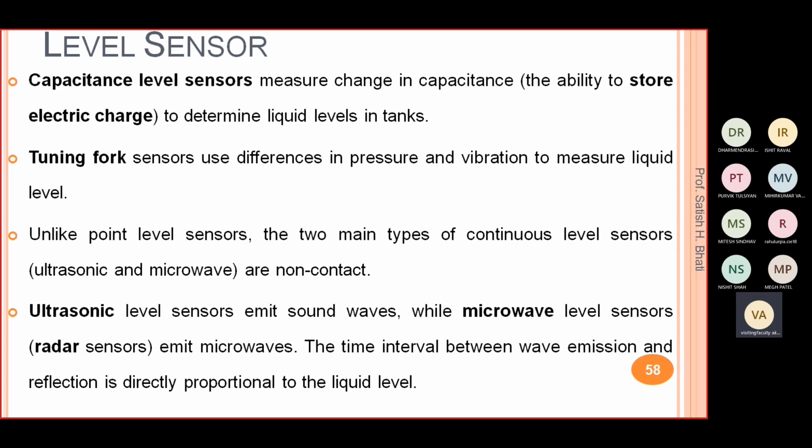So this kind of sensor finds the travelling time, the time interval between the wave emission and the reflection. That time interval is directly proportional to the liquid level, and that mapping is already done in the sensor.